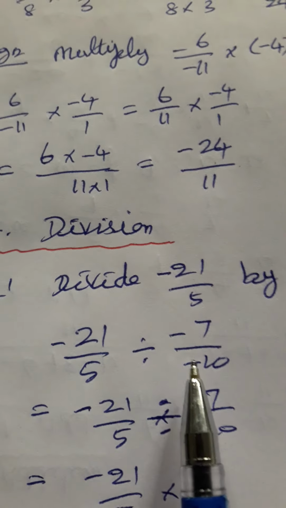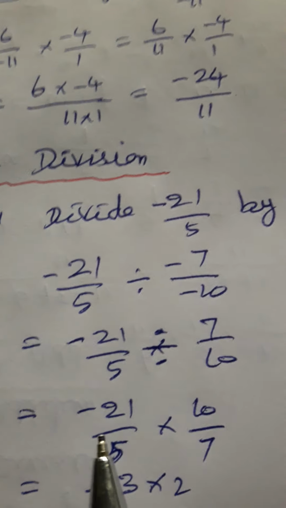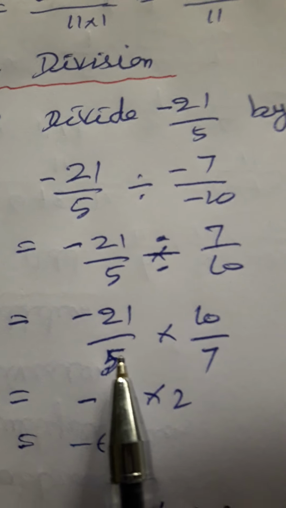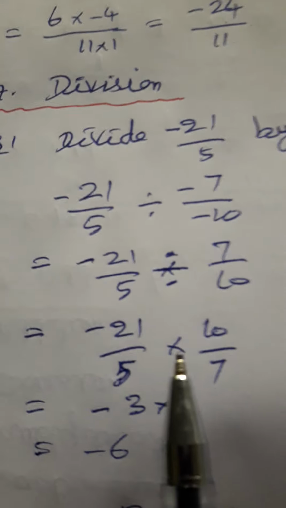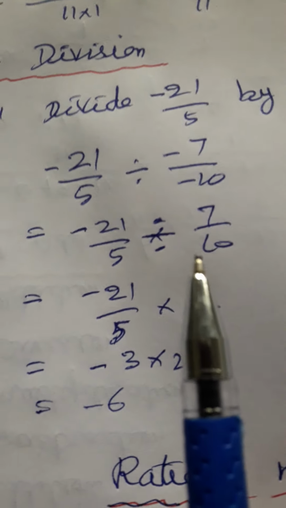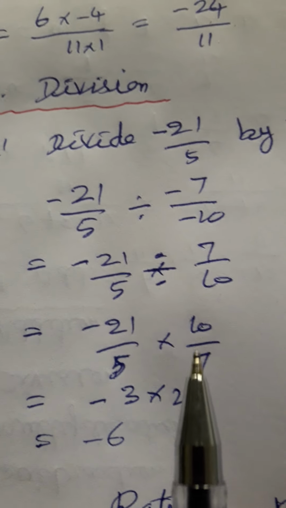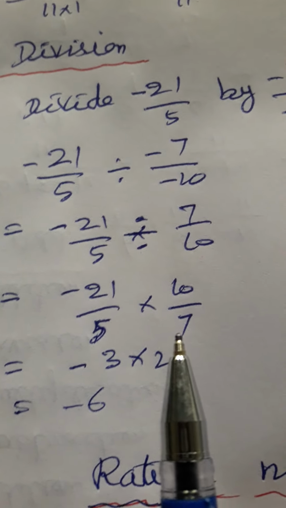Here minus and minus get cancelled, we get 7 by 10. Minus 21 by 5, into this, division changes into multiplication, and we put this fraction in reverse. 10 by 11. 7 by 10 can be written as 10 by 7.